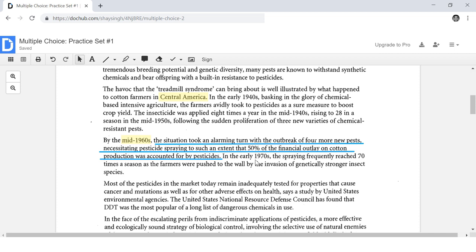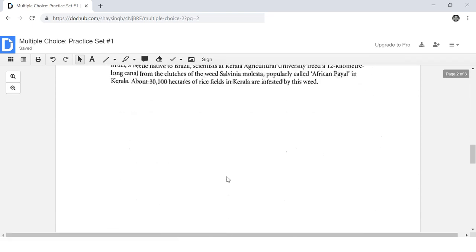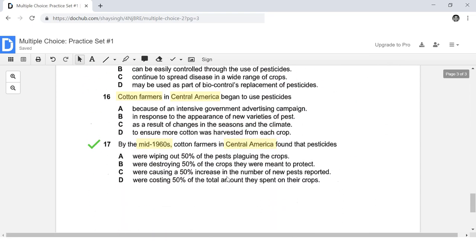Well, all of those are production costs. But what they're saying here is that there were so many new pests coming out that they had to use a lot of pesticide. They had to use so much that 50% of their production cost went into buying and using pesticides. So let's come down to our question here now.